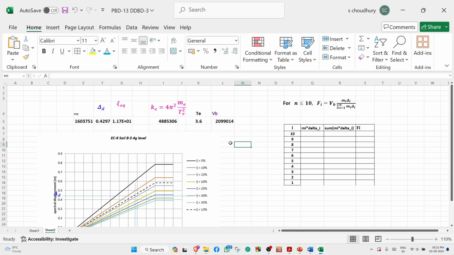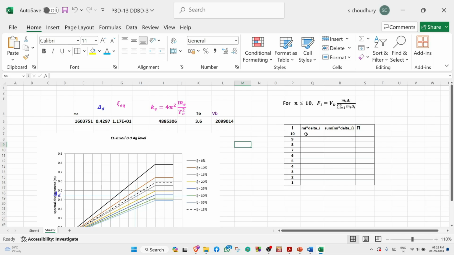Before designing, you have to distribute this base shear over the different floors. That distribution formula we have discussed yesterday, means in the last video. When it is less than or equal to 10 story, this is the distribution formula. So through this formula we can distribute the forces. So Mi delta I column and summation Mi delta I value we require.